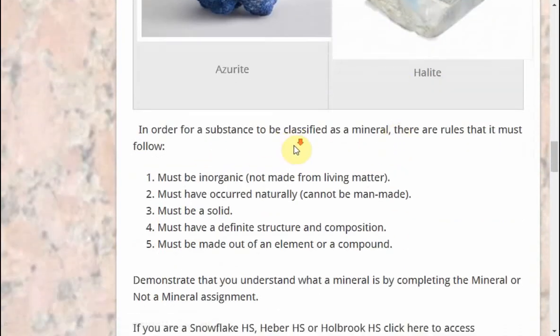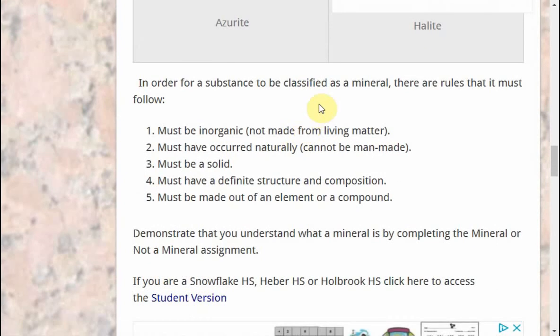Okay, in order for a substance to be classified as a mineral, these are the rules that it must follow, and you will need to have these written down, and you'll need to use these. 1, it must be inorganic. That means it's not made from living matter.